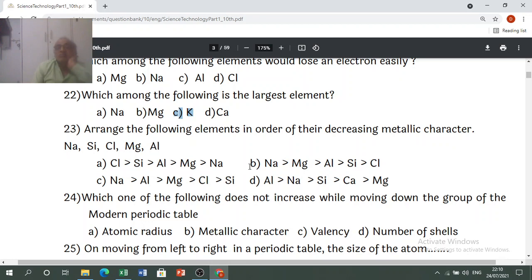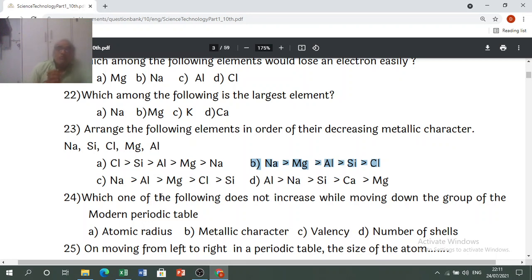So sodium is the most metallic character, then magnesium, then silicon, chlorine. As we go from left to right in periodic table, the metallic characteristic decreases. Therefore, sodium is much more metallic character than magnesium, is greater than aluminum, than silicon. Okay, that is from left to right, the metallic characteristic decreases.